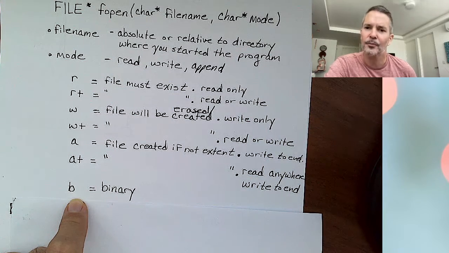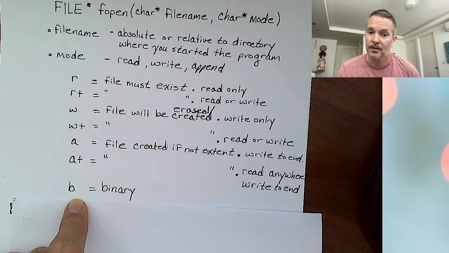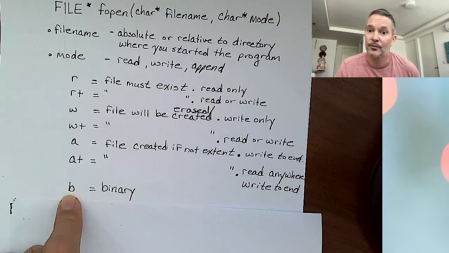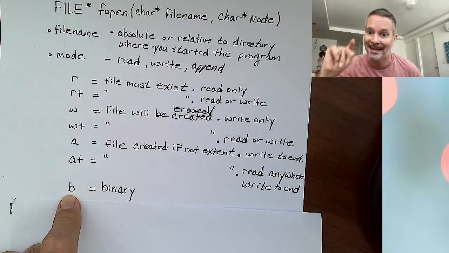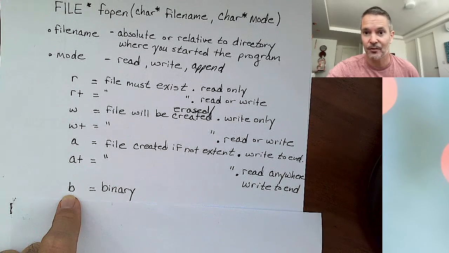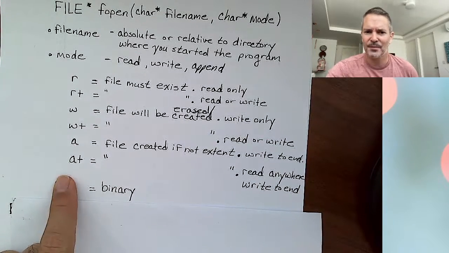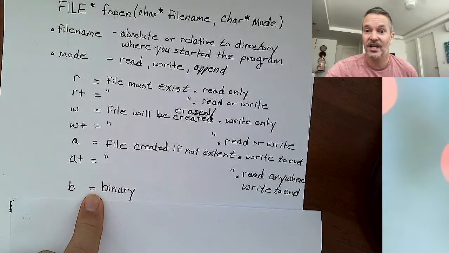But it's good practice that if you're not going to be writing strings of characters into your file, then to specify that you're writing a binary file, meaning this isn't the kind of file that a user can open up and read text in the file. It's just a bunch of ones and zeros. Now, really, all files are just a bunch of ones and zeros. So what's the difference between a text file and a binary file? Well, it's just a convention.